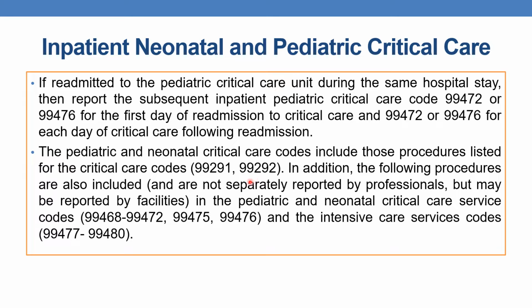You can refer to that video for further reference. In addition, some of the other procedures are also included and are not separately reported by professionals but may be reported by facilities, in the pediatric and neonatal critical care services codes 99468, 99469, 99471, 99472, 99475 and 99476, and the intensive care service codes 99477 and 99480.